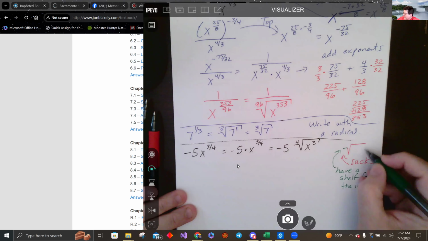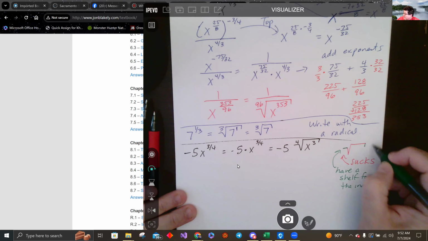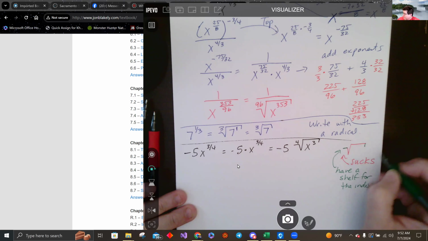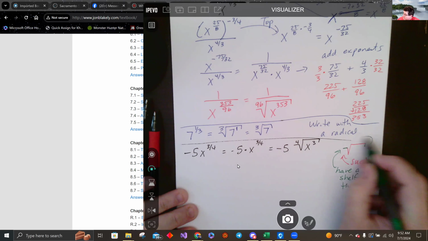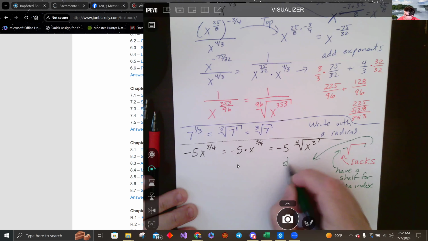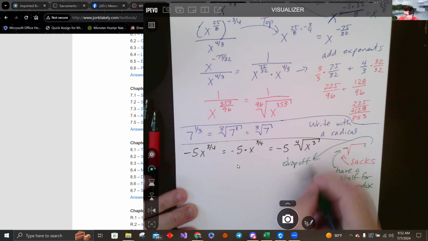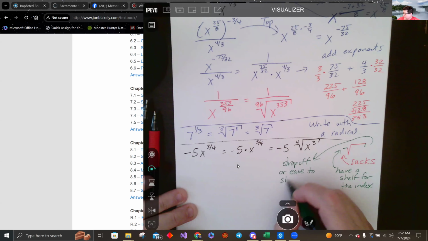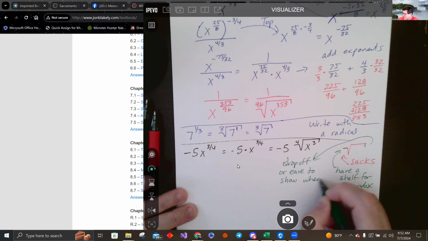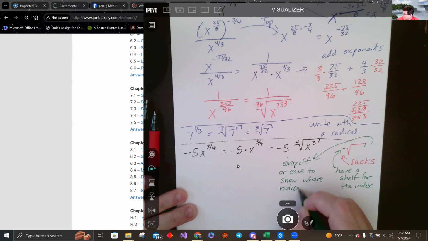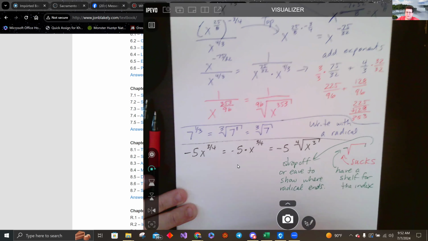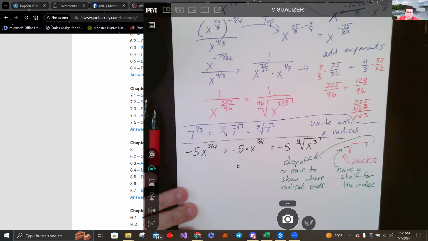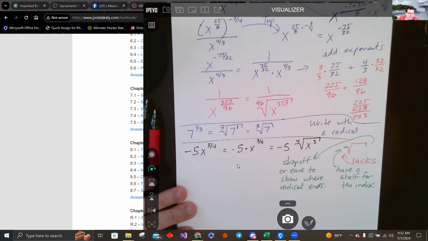And it helps to have a drop off to show where the radical ends. You'll find as we go through chapter 8, there's a lot of radical stuff here. It will make your life easier.